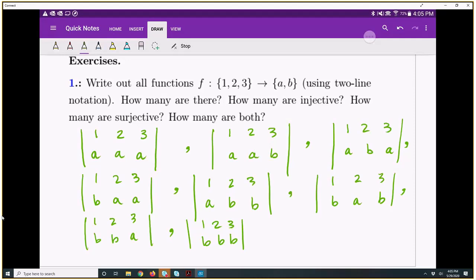So everybody has an assignment and only 1. So if I count, it looks like there are 8 possibilities.